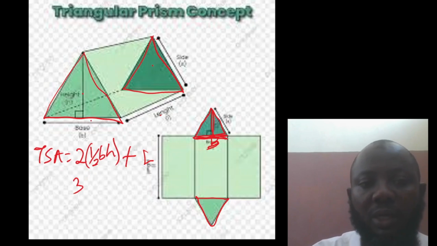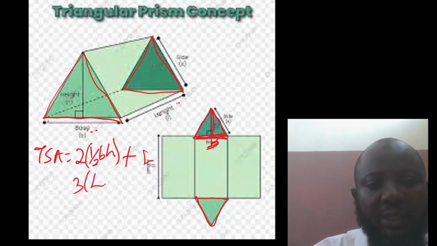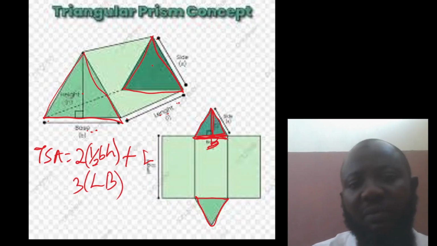So this one at the bottom is length times breadth, then the side here is length times breadth again, and this one also is length times breadth. It now depends if they are different sizes or not. Let's look at an example and see how it's going to look.